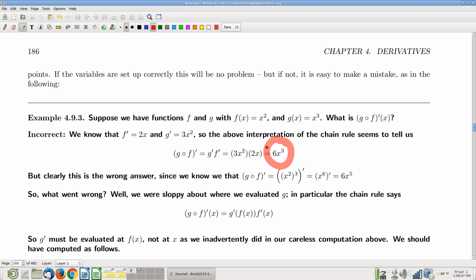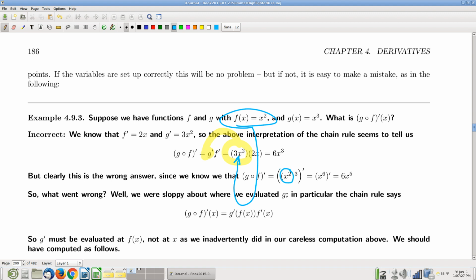And of course, that's wrong. Now obviously I was playing fast and loose with the notation, and clearly what I forgot is that g prime has to be evaluated not at the same point where f is evaluated, but at the output from f. So I've got to take this x squared and stick that in to where the x is.